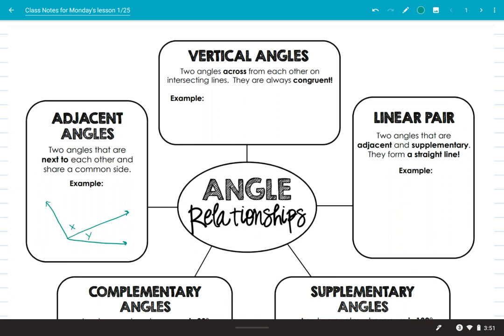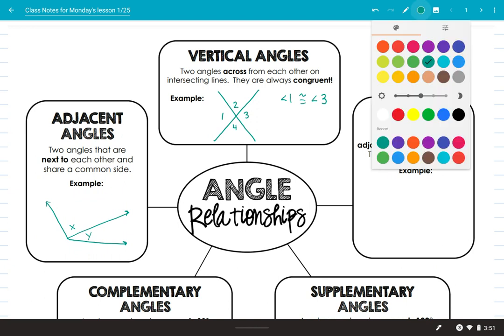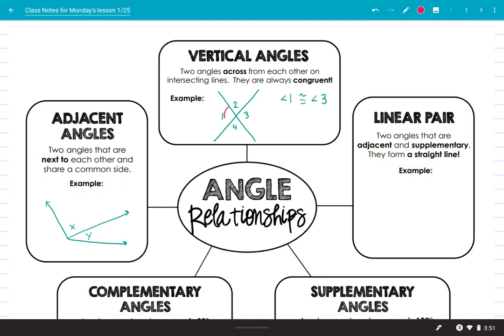Now, vertical angles are 2 angles that are across from each other. I think of these as bow ties because you have to have 2 straight lines. So if I name them, angle 1 is congruent to angle 3 because angle 1 is across from angle 3, and that sort of looks like a bow tie.